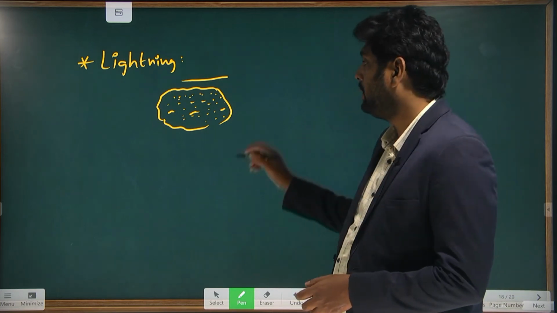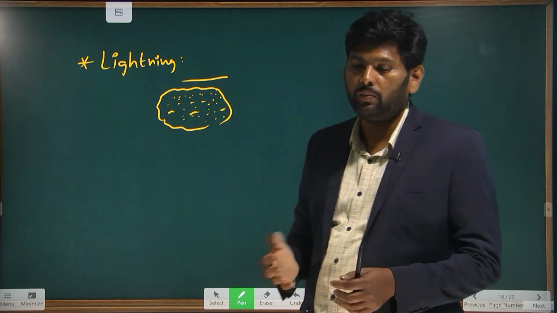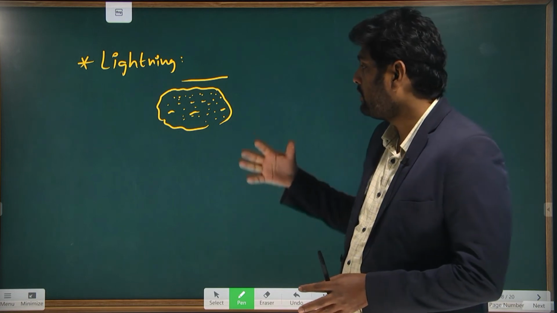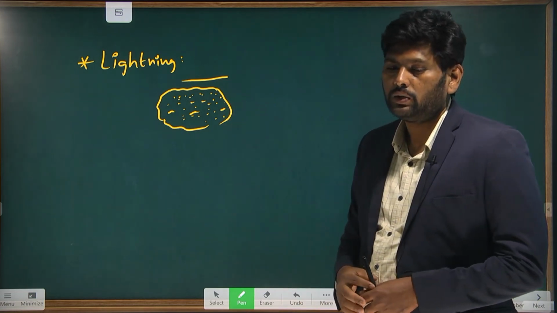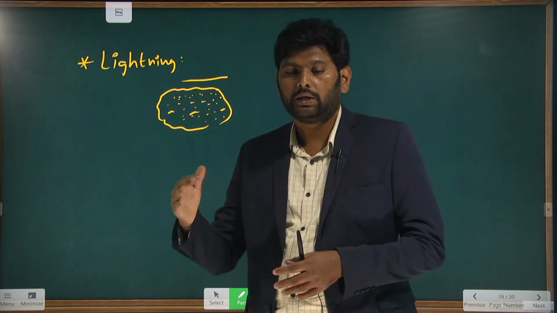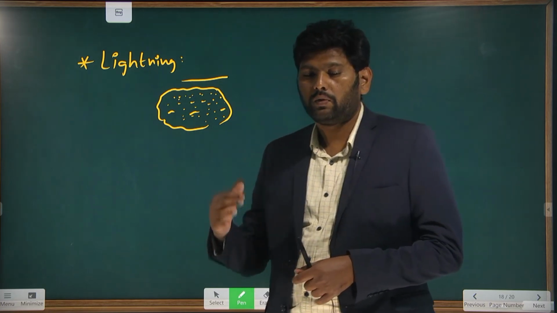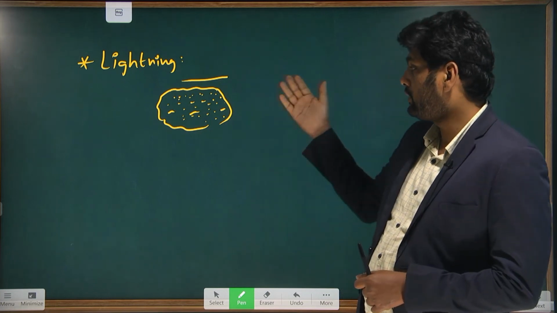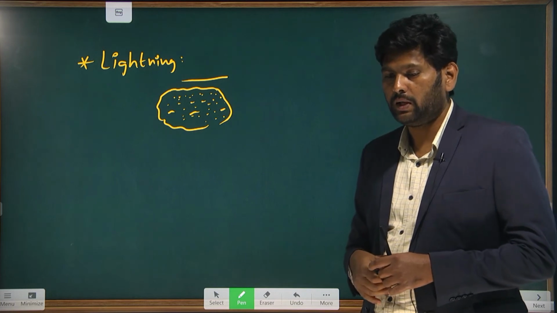what is going to happen? Some charges will transfer from one cloud to another cloud. A huge number of charges are transferring from one cloud to another, so a lot of potential difference takes place.